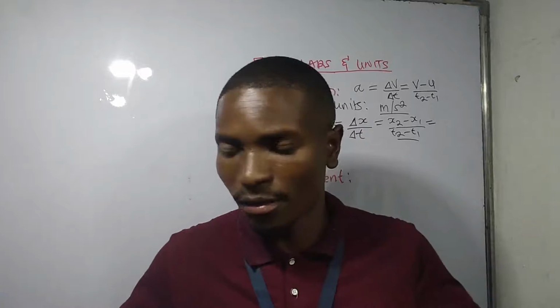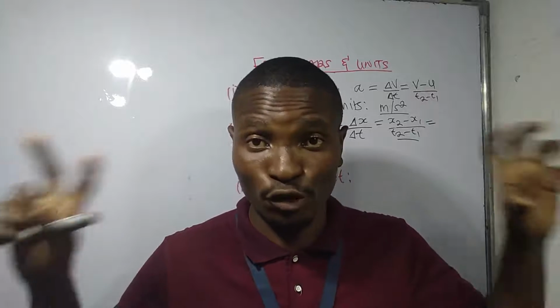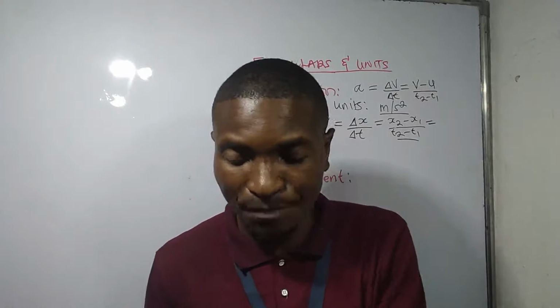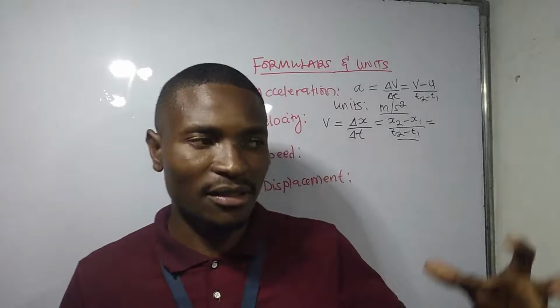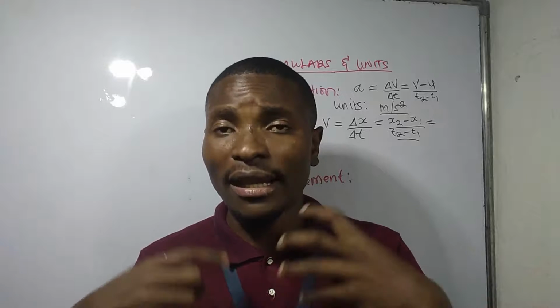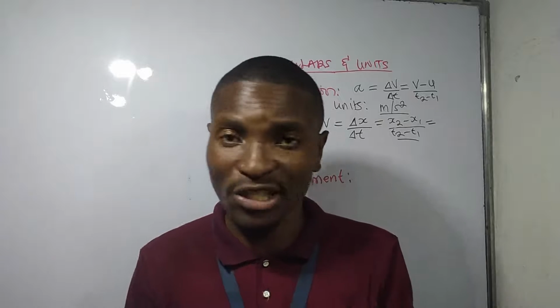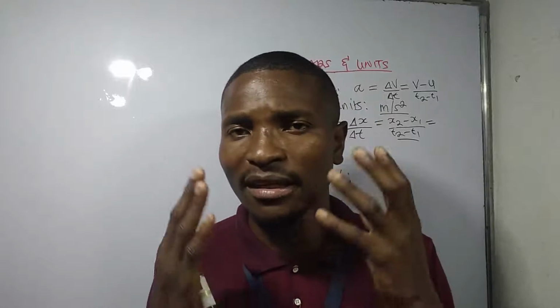So I'm measuring the object from two points, and I also need the time for those two points, the starting time and the ending time. When I find the difference between those two numbers, I get the time it took for that object to be displaced from one point to the next point. So make sure you understand that also.